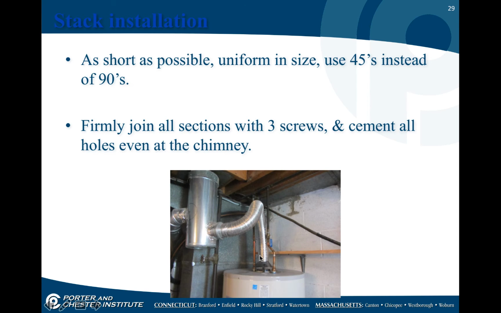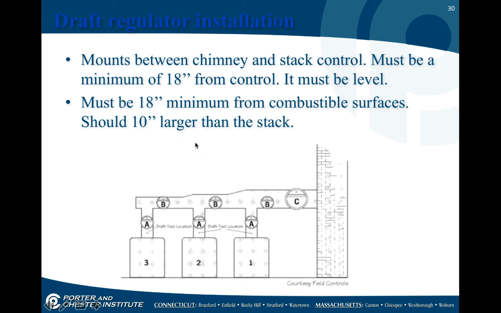That's not allowed. The draft regulator mounts between the chimney and the stack control. It's a minimum of 18 inches from any controls in the draft. If there are no controls, you have to have 18 inches from the furnace. It should be 10 inches larger than the stack.